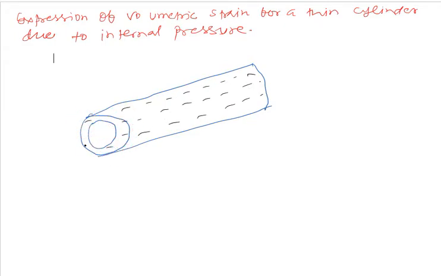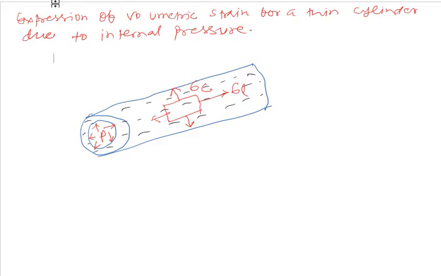So there will be an internal pressure due to this fluid. Suppose the pressure is P. Due to this pressure there will be stresses also: circumferential stress and longitudinal stress, sigma L and sigma C. Sigma C is the circumferential stress.